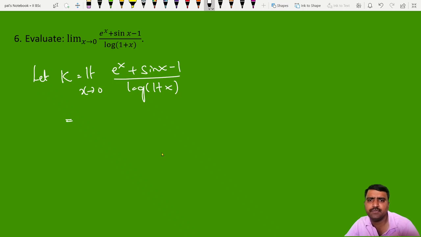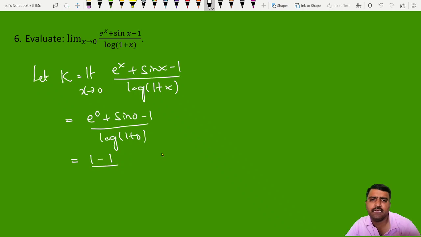To this one you apply the limit. It is e to the 0 plus sin 0 minus 1 divided by log of 1 plus 0, that is log 1. The numerator is 1 plus 0 minus 1, which is 0, and log 1 is 0. It is 0 by 0, indeterminate.